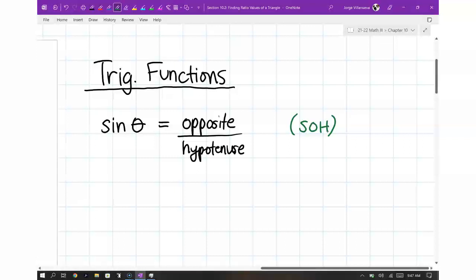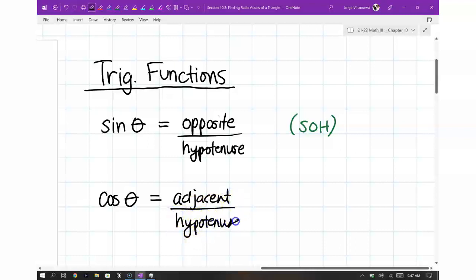Now, cosine. Cosine of theta is adjacent over hypotenuse. People will abbreviate this as CAH.